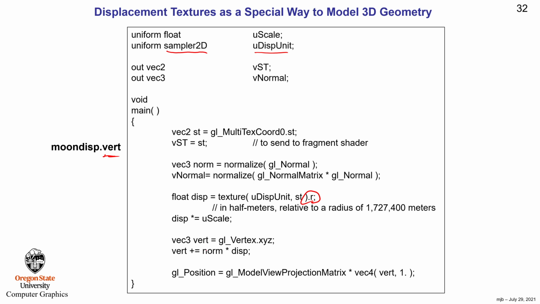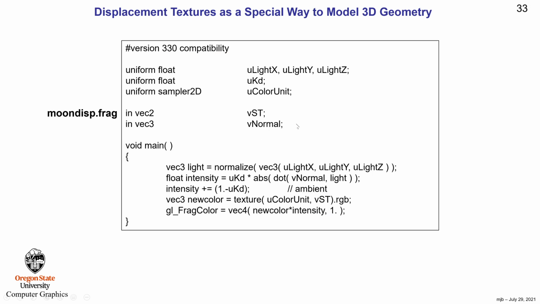And we take the vertex and the displacement we got from that texture and apply the displacement amount along the normal vector that is sticking out perpendicular to the surface. And then there we go. This now becomes the position that we send down the rest of the pipeline. So pretty straightforward to do. The fragment shader just looks it up in the color or in the image texture.